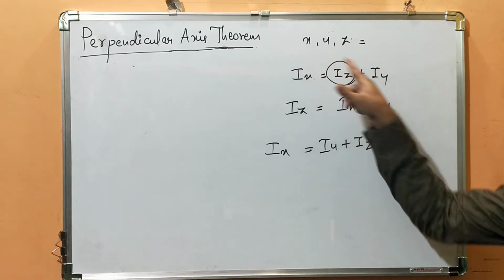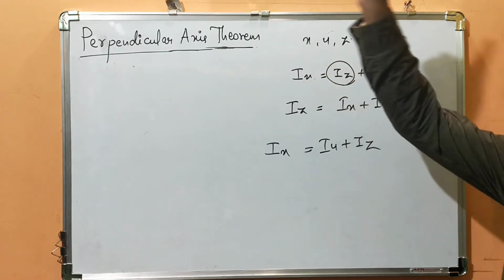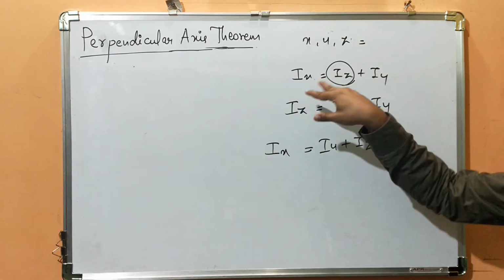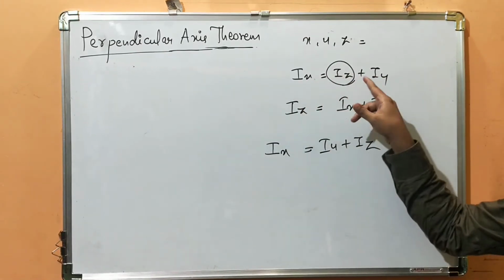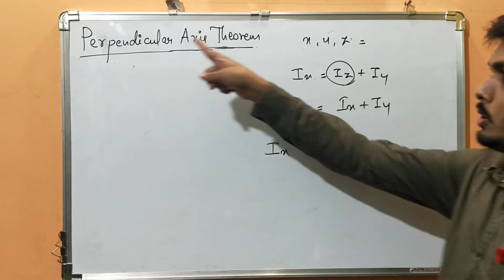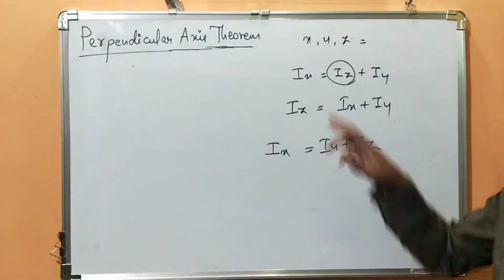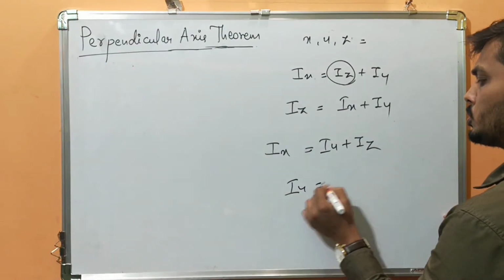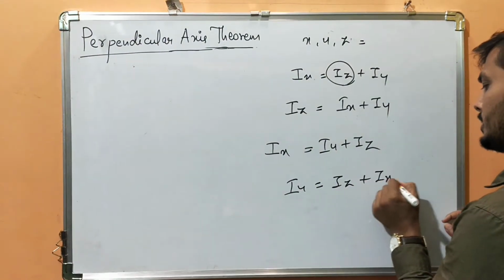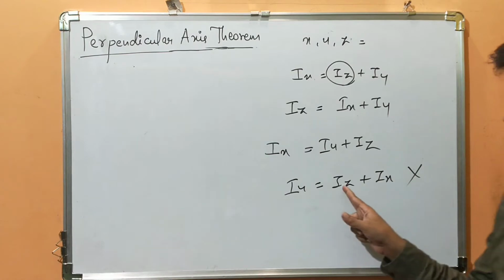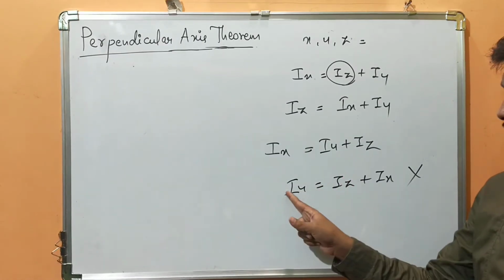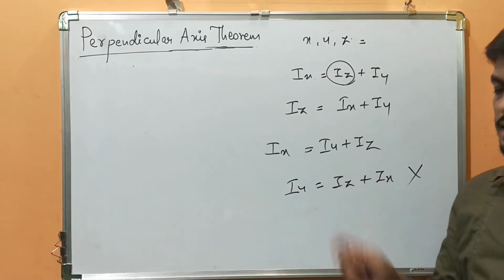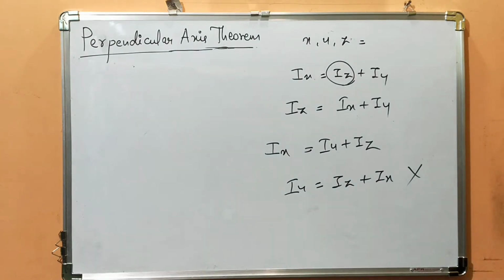Ix and Iy both lie on the same plane. Iz is perpendicular to the plane. So the sum of the planar axes is equal to the perpendicular axis, so I call it the perpendicular axis theorem. It doesn't mean you can write Ix equals Iz plus Iy, or Iy equals Iz plus Ix. This is wrong, because z is the perpendicular axis, and Iy and Ix are planar axes.